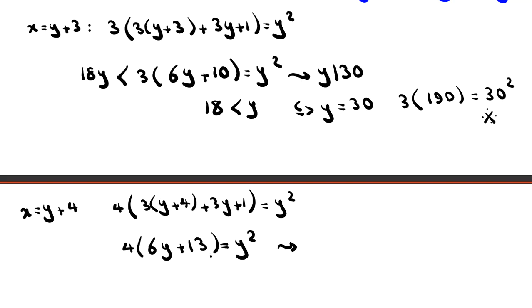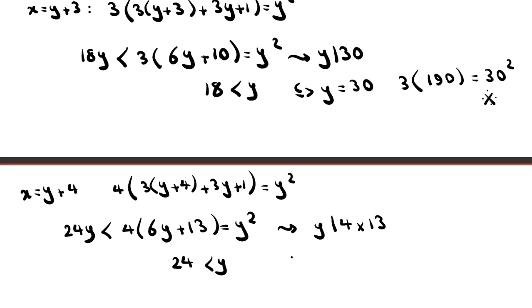So y divides 24y and y divides this, so y divides 4 times 13. It is greater than 24y, so if you divide by y, y is greater than 24. y is even, so the only possible cases for y, greater than 24 and a divisor of this, are 26 and 52.